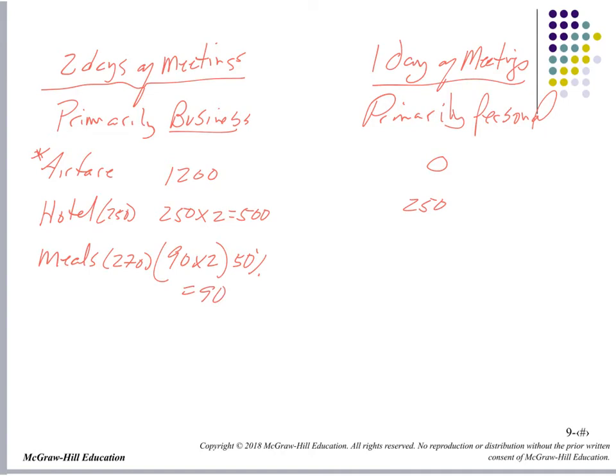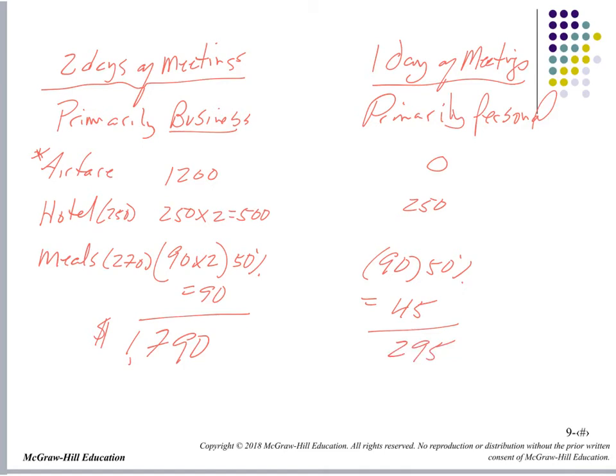And then in our primarily personal trip, you've got 1 day of meals times 50%. So that equals 45. So our total deduction, if our trip is primarily business, is $1,790. Our total deduction, if it's primarily personal, is $295.